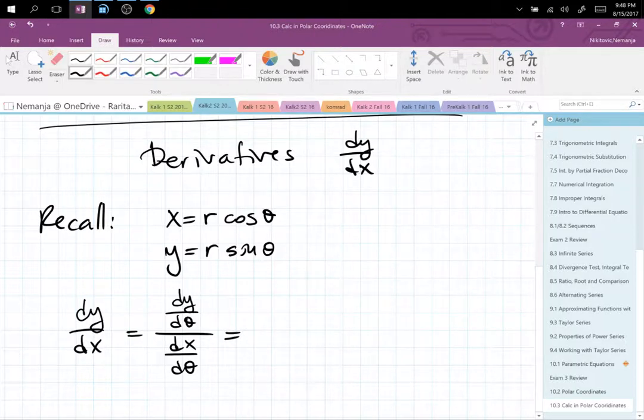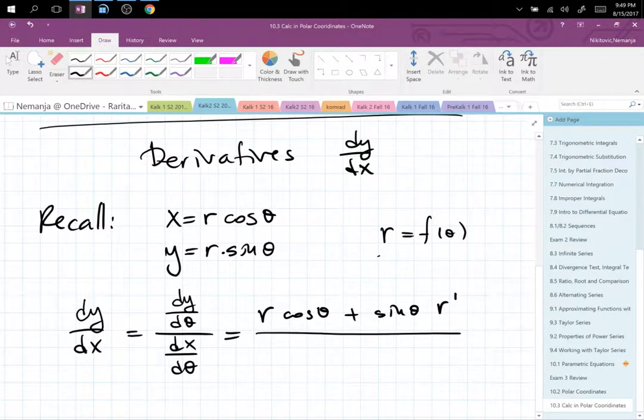Observe that I have dy/d theta in the numerator. When I start taking its derivative with respect to theta, keep in mind that r is a function of theta, so you have the product rule there. That means copy the first times the derivative of the second, plus copy the second times the derivative of the first, which is r prime. Now these r's are functions of theta. We have the same thing happening in the denominator.